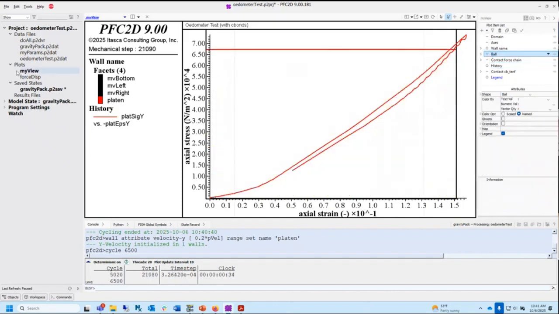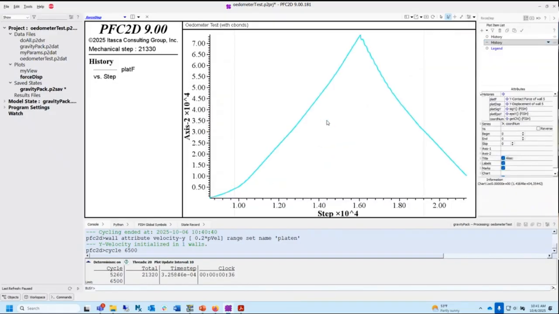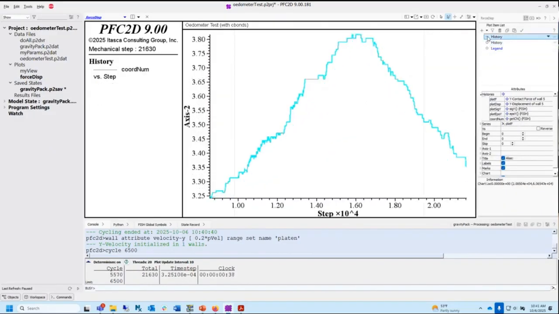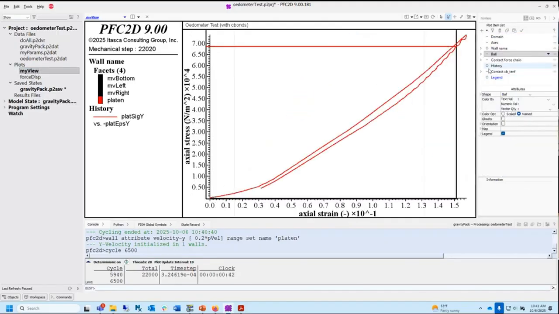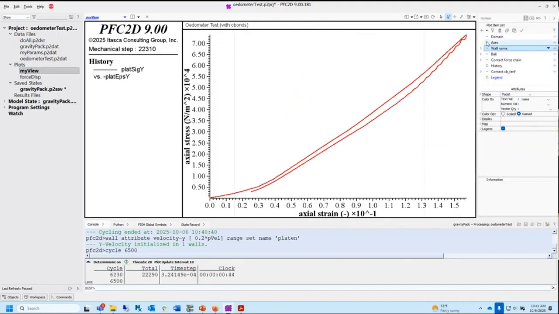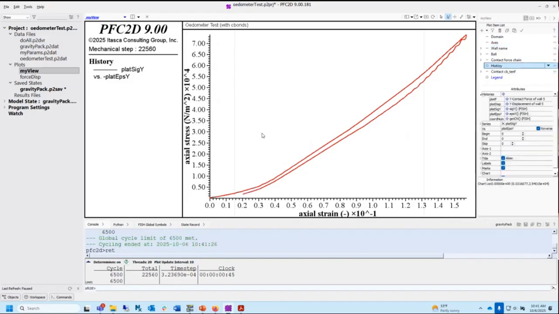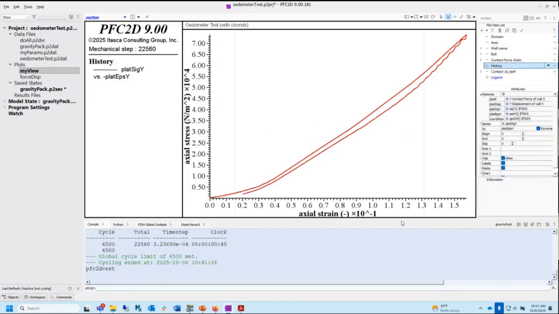Let's look at the other plot. That's force. I don't want force. Now let's look at this plot. Here, let's turn off all this extra junk. There. Stress versus strain. We unloaded it the same amount. It's still carrying a little load, but let's make a plot of this.